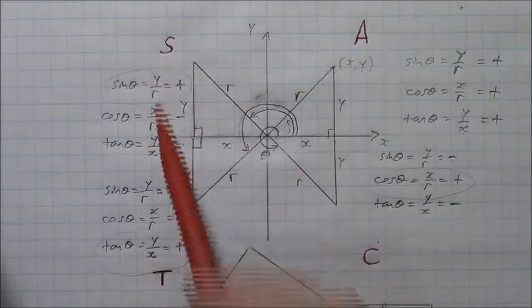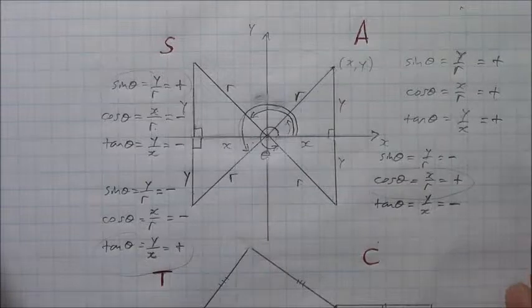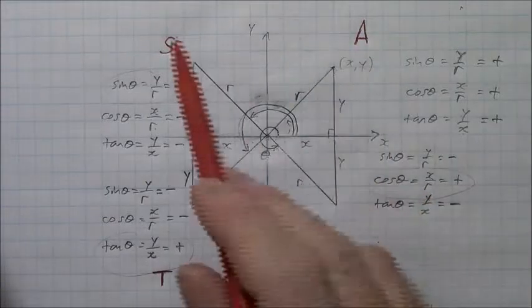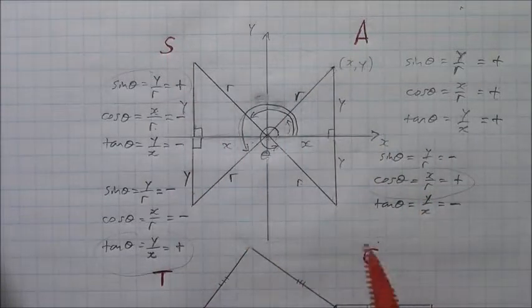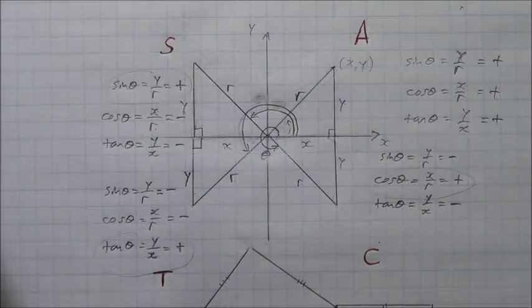Okay, so the CAST rule just tells you in which quadrant the different trigonometric ratios are positive. If they're not these ratios, so the cosine here, the sine in the second quadrant, the tangent in the third quadrant, then that means that the other two trigonometric ratios in each of those quadrants would be negative. Okay, so that is the development of the CAST rule.